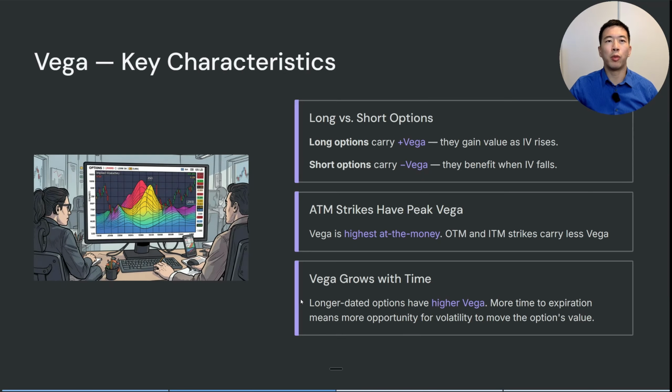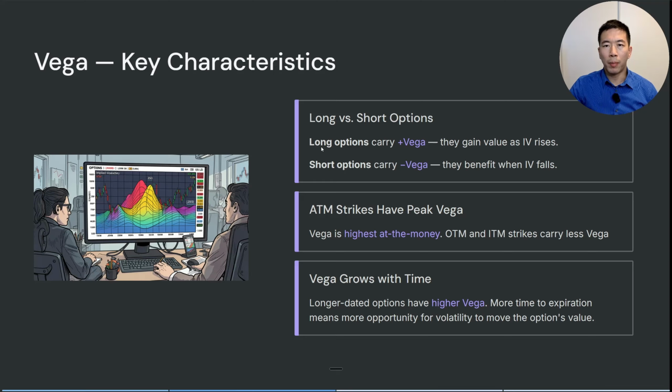There are 3 characteristics of Vega that are very important that we need to know. Long versus short options. Long options carry positive Vega. They gain value as IV rises. So how do we use that?